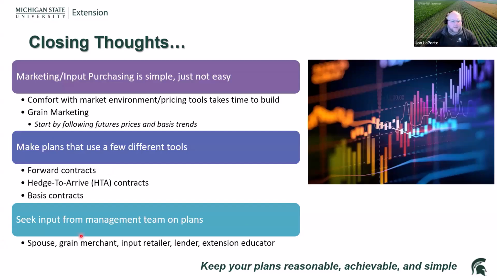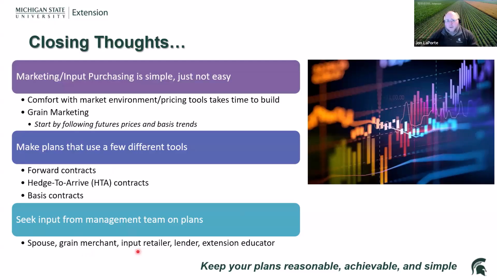And then the other thing I always like to highlight for people is, once you've got a marketing plan and you're looking at some of these things, you're basing your assumptions on where you think the markets are going to go. Get some feedback from other people that are following the same things, that maybe have a good idea of what's going on, what they're hearing and seeing out in the world, in the news cycle. It could be your spouse, your grain merchant, your grain elevator.